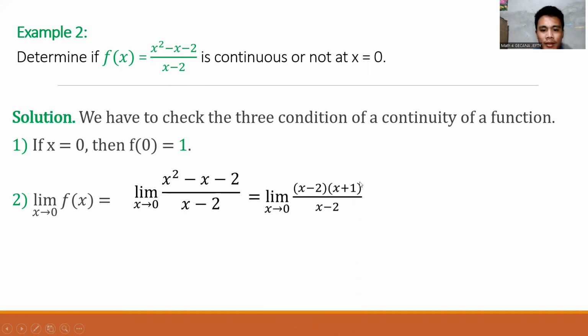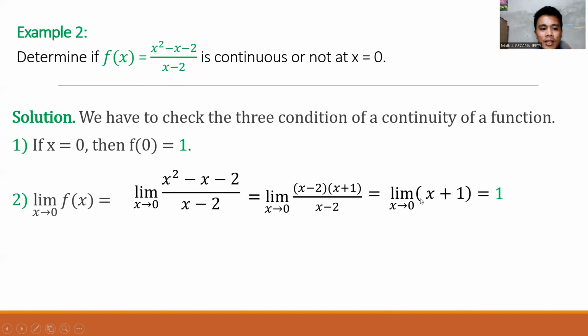So we have the limit of x minus 2 times x plus 1 over x minus 2. Now, cancel out x minus 2, and we have the limit of x plus 1 as x approaches 0. We substitute 0 for x: 0 plus 1, so we have 1.